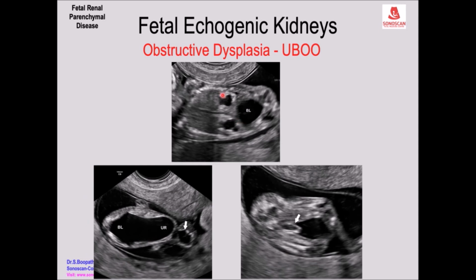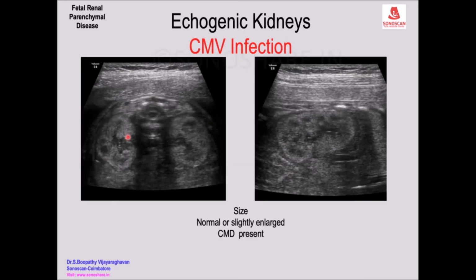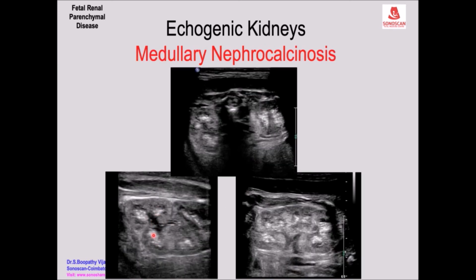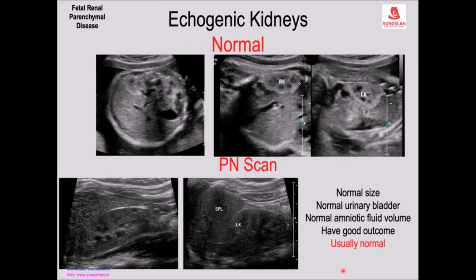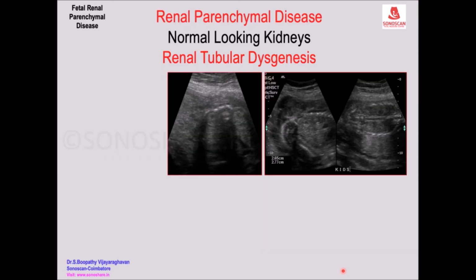With bilateral echogenic kidneys where the collecting system is dilated and the urinary bladder is overdistended, the corticomedullary differentiation is present. Bunches of tiny calcifications indicate medullary nephropathy. The kidney is small and echogenic with poor function.